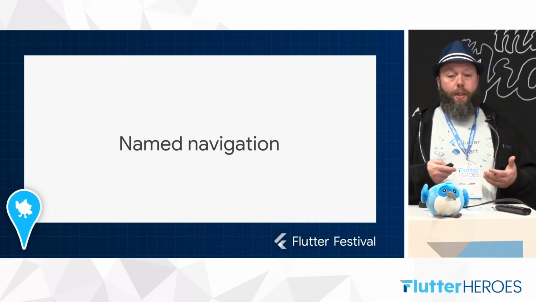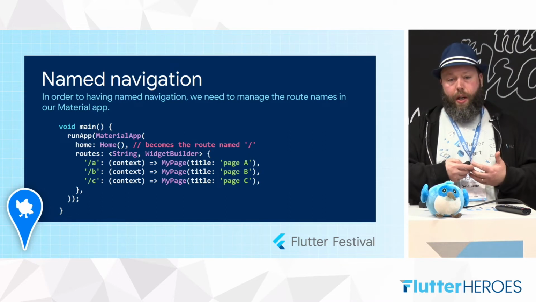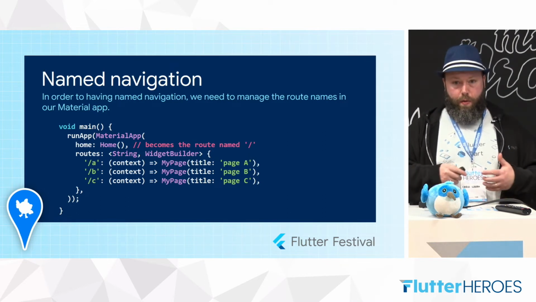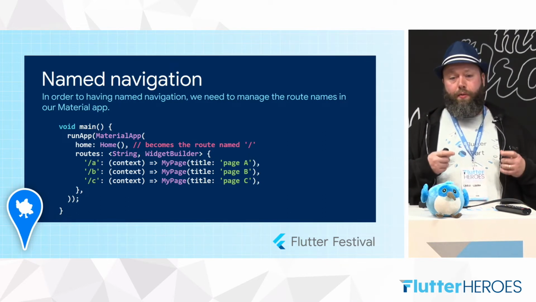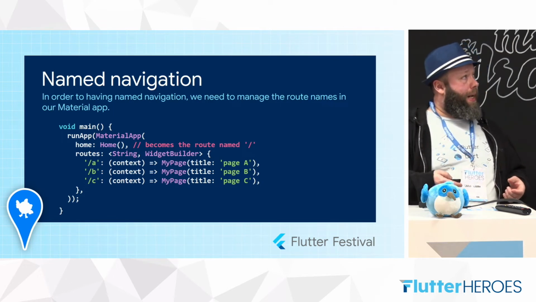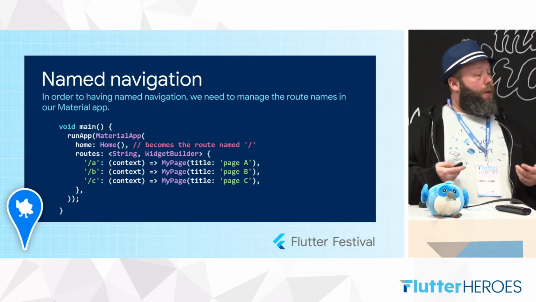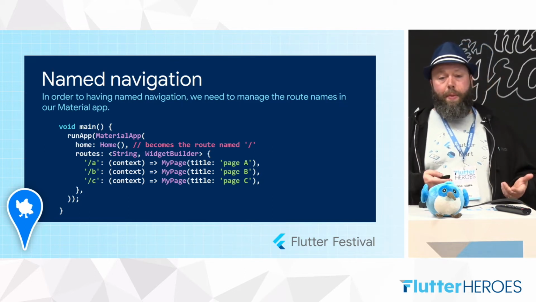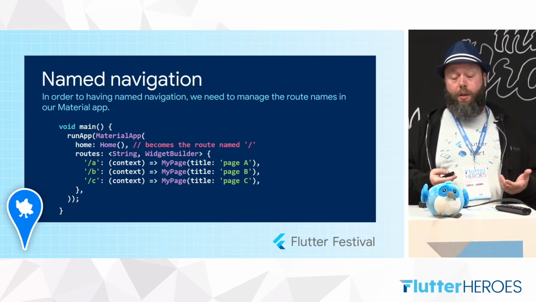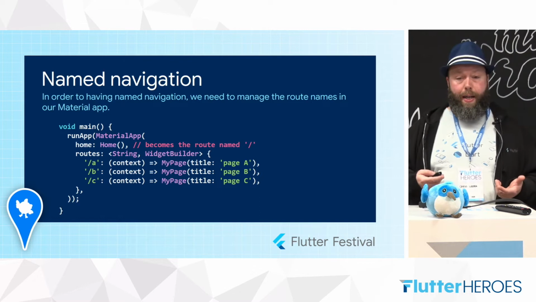Then we can do the same with the named navigation. The named navigation requires a little more coding before we can start, because in our material app we need to define our routes, because for now with the named we just use the name of the route to navigate to the appropriate page.